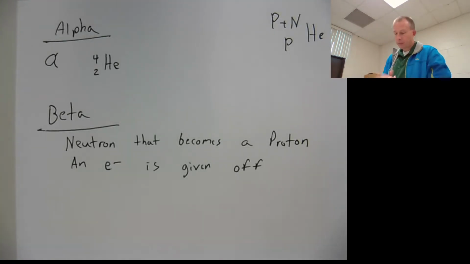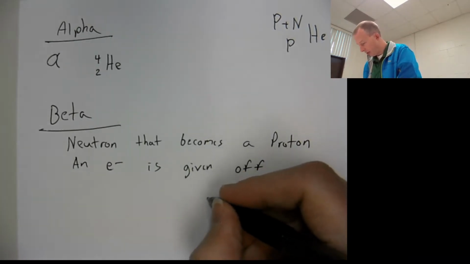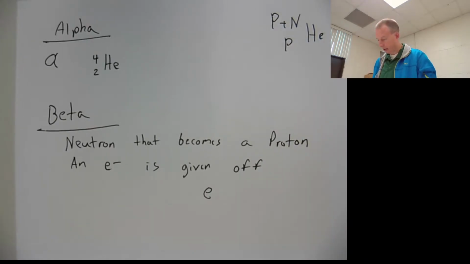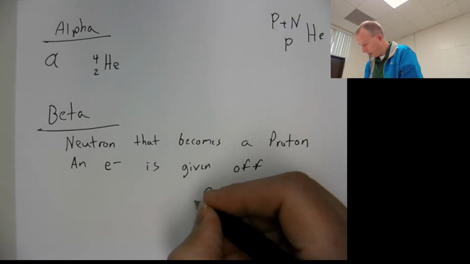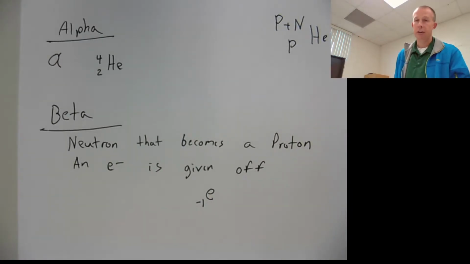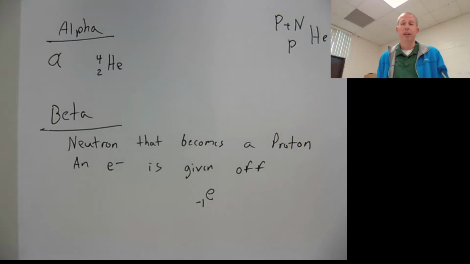This can be a little confusing in the way it's written sometimes. There are a few ways in which things are written out here. Sometimes you will see the electron written like this, e, for the electron, and then on the bottom, for the isotope notation, you'll have a -1 indicated. Now, there is no such thing as a negative proton. That doesn't exist.